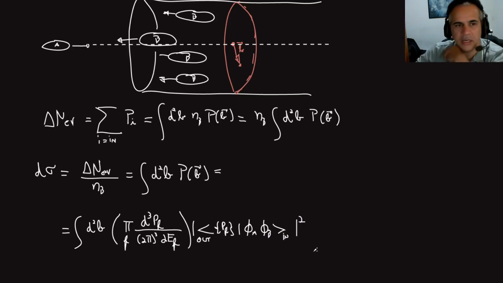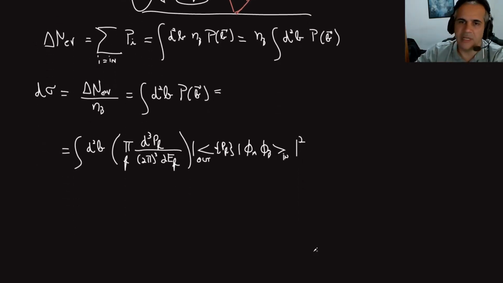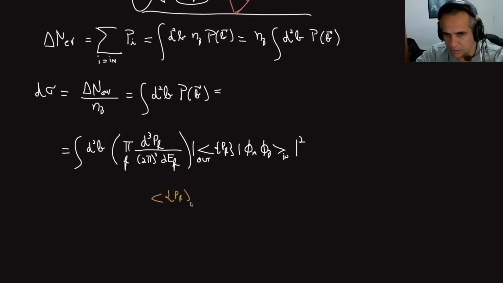Now I have to be very careful about this, right? And remember that this guy is just, of course, P_F of phi A, phi B times the complex conjugate of this, right?